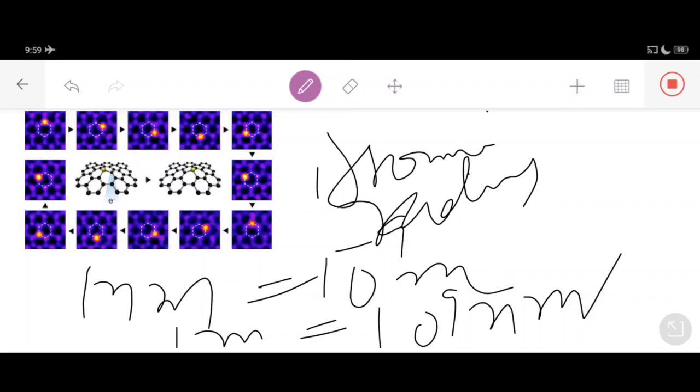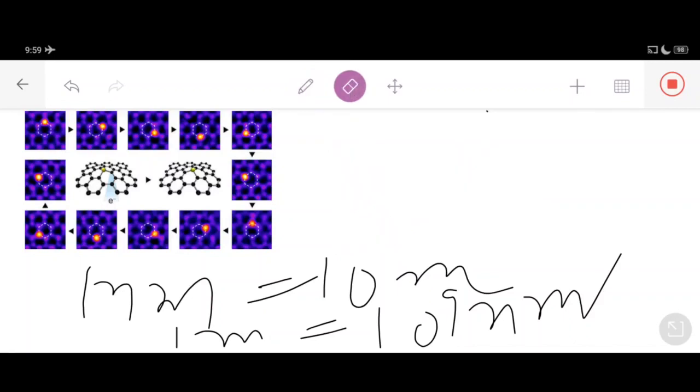So let's discuss something more regarding this atom. Let me tell you one thing. Mark my words, my dear students. This is a very important concept, so jot it down with me, and these things have been asked many times in the examinations.